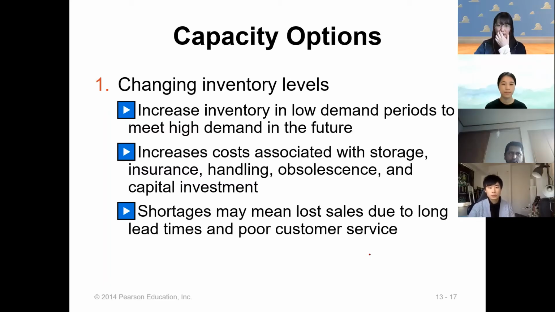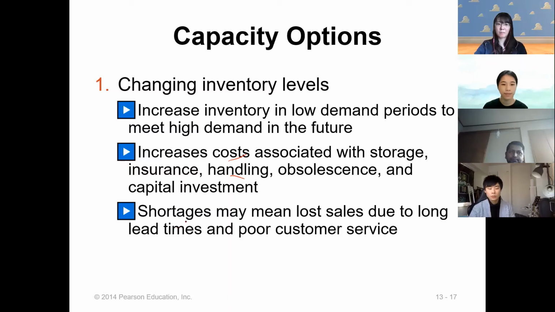But of course, this will increase your cost in terms of storage. If you keep extra, for example, you have additional units produced, you need to keep that before you can be able to meet the demand in the future. Okay, so it will result in this cost.